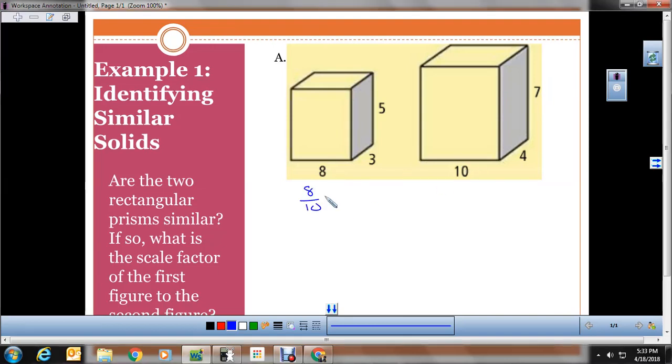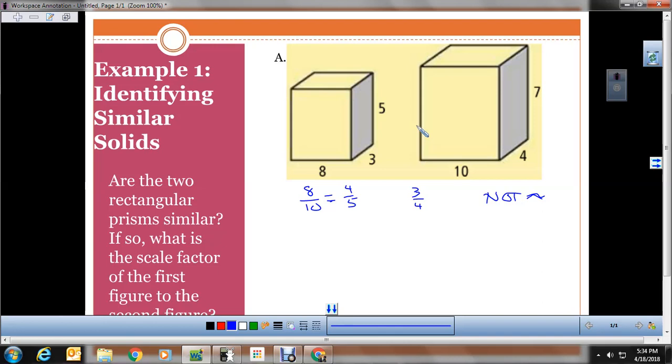Reduced by 2, that becomes 4 over 5. Now the next one: 3 compares to 4, so 3 to 4, and since that is already simplified, we can tell that 4 over 5 is not the same as 3 over 4, so this one is not similar. We can also verify that by doing 5 to 7 and realize that is not similar as well.